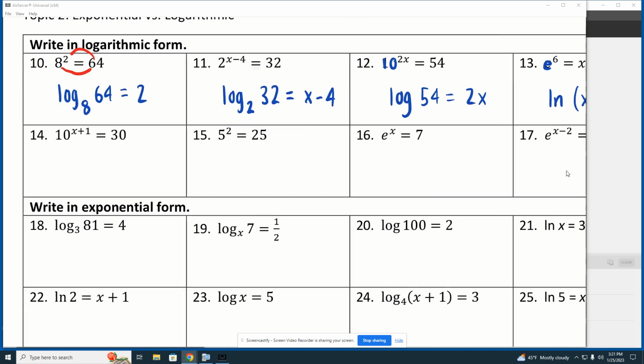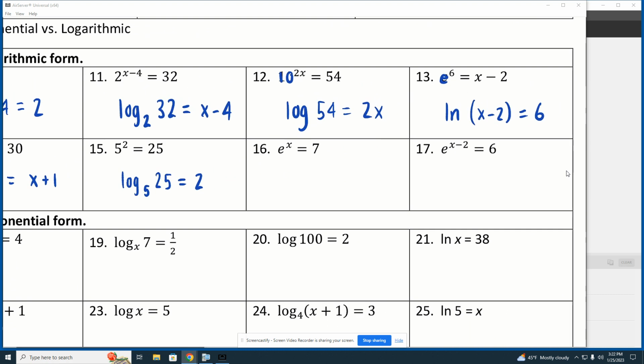Here we have another base 10, so I'm just going to do log of 30 equals x plus 1. Now it's switched back. We've got a base of 5, so log base 5, and then we do the loop of 25 equals 2. Number 16, it's base e, so I'm going to use natural log, understood base e, of 7 equals x.